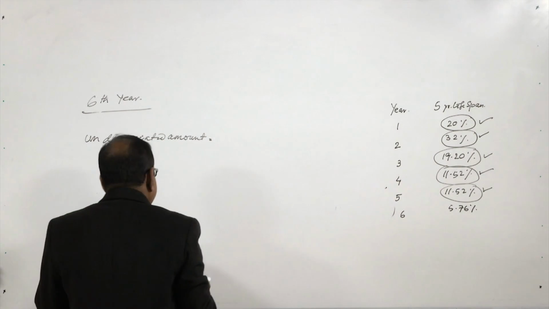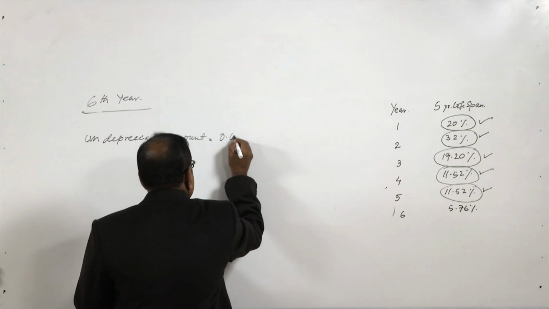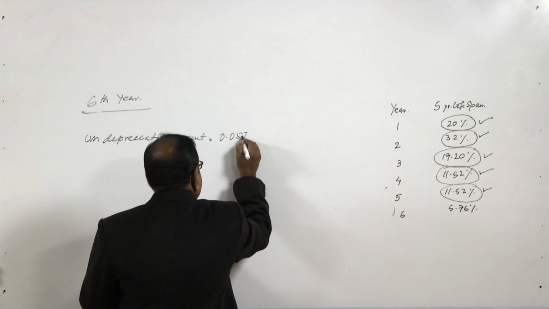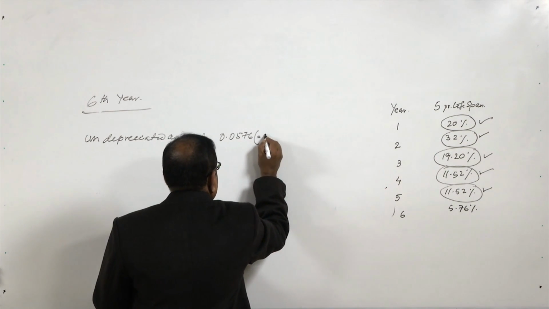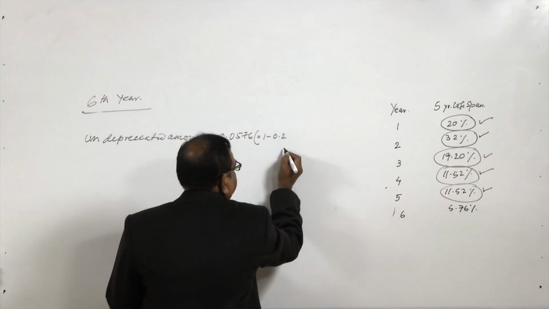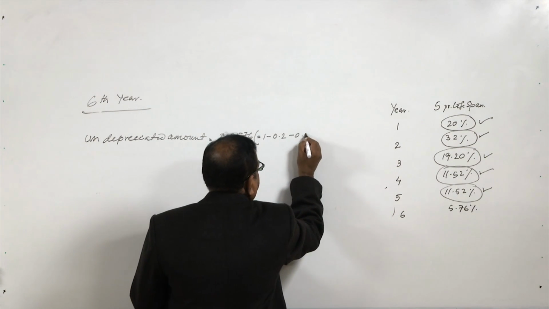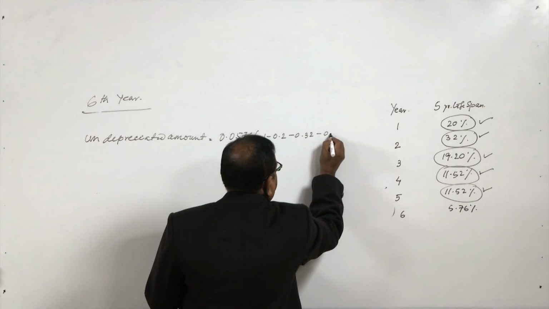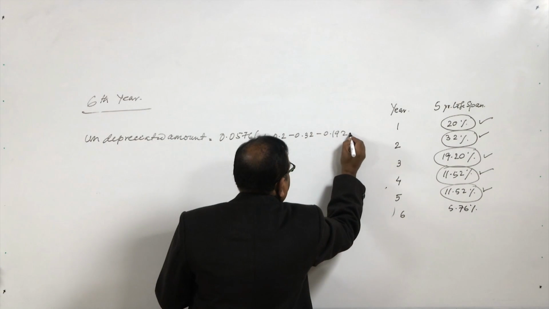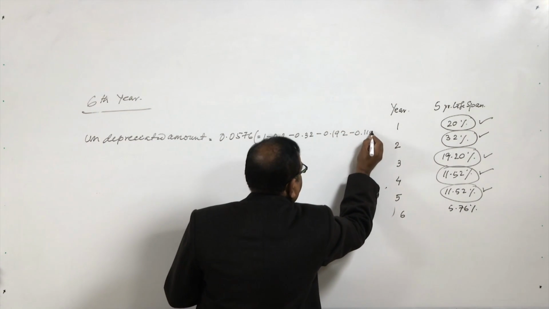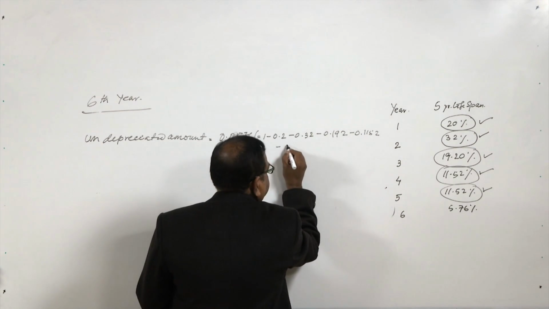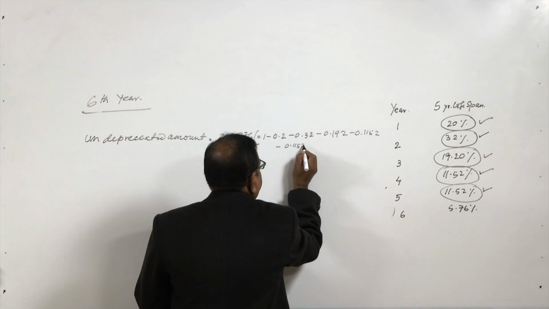Undepreciated amount is 0.0576, which comes out like this: 1 minus 0.2 minus 0.32 minus 0.192 minus 0.1152 minus 0.1152.